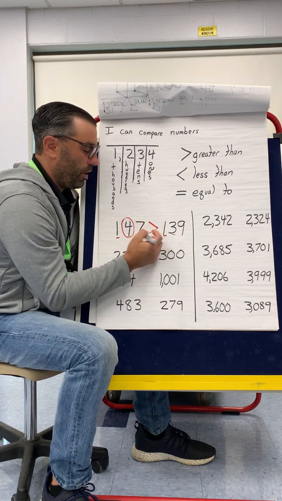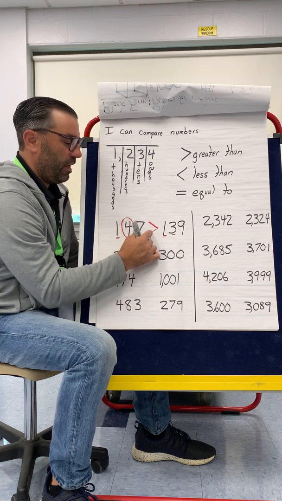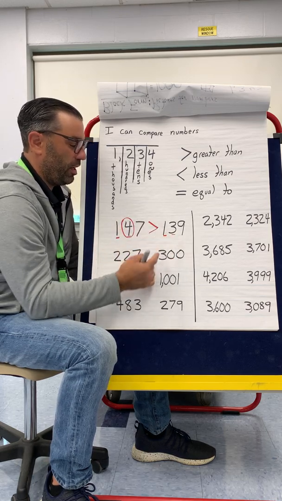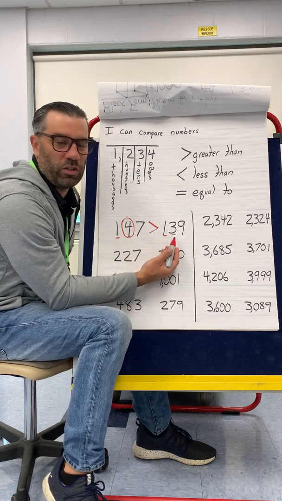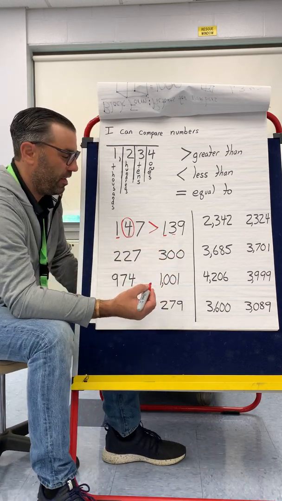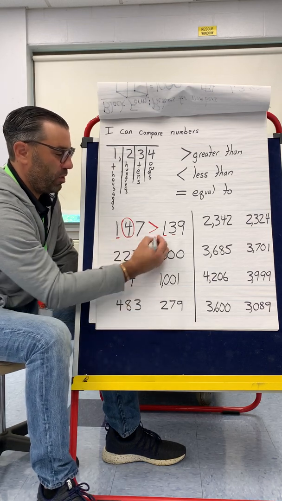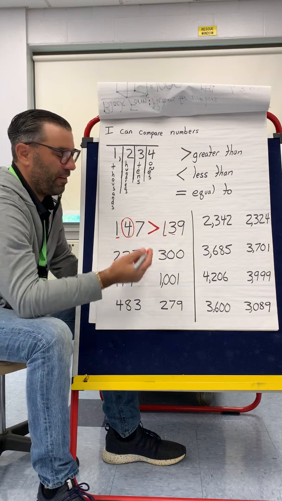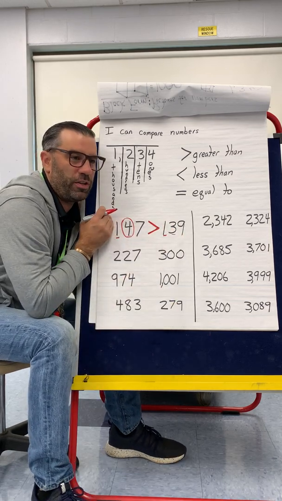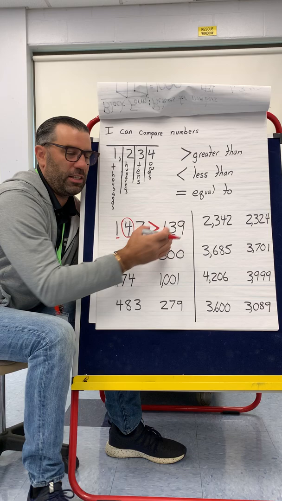So 147 is greater than 139. I don't even have to go to the ones because 40 anything is larger than 30 anything. So because of the tens, that's why that one is bigger. Okay. So even though 9 is bigger than 7, it doesn't really matter because you're starting with the hundreds. Then check the tens, then check the ones.